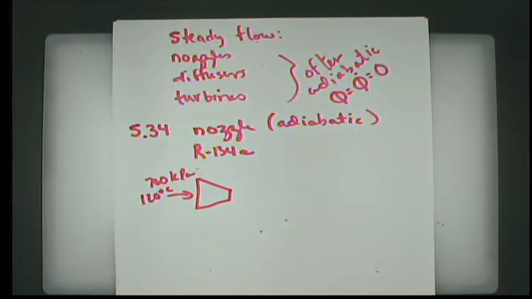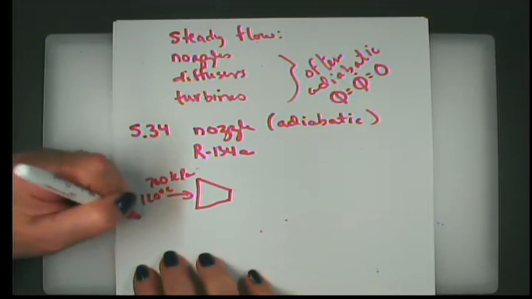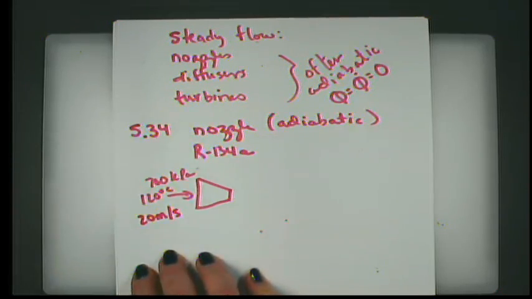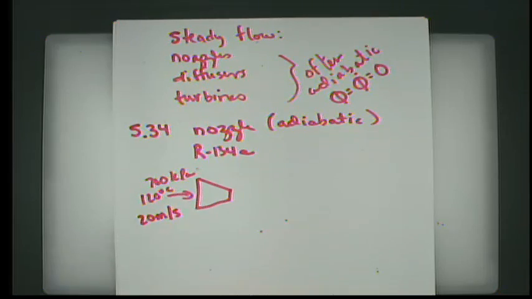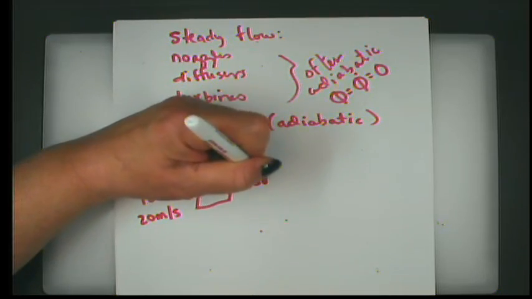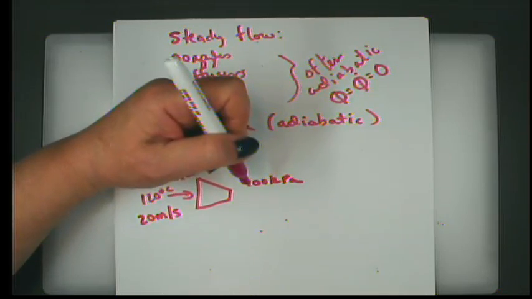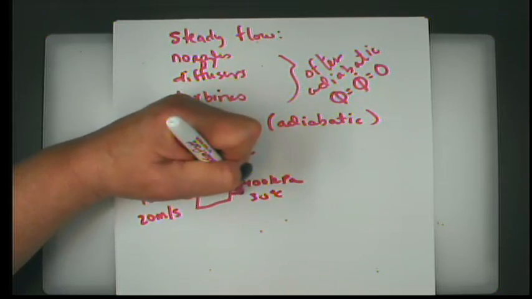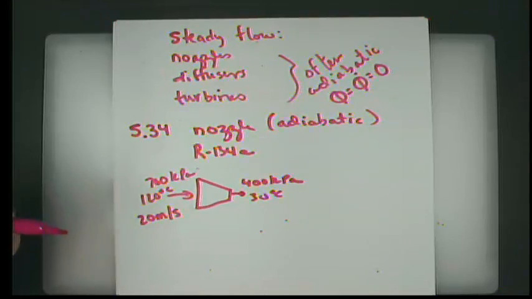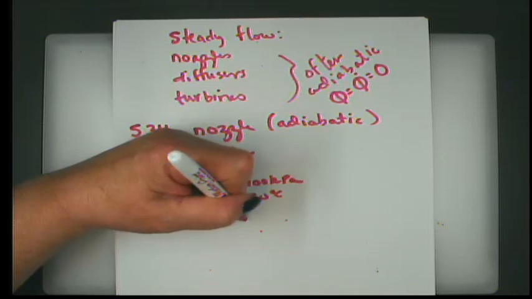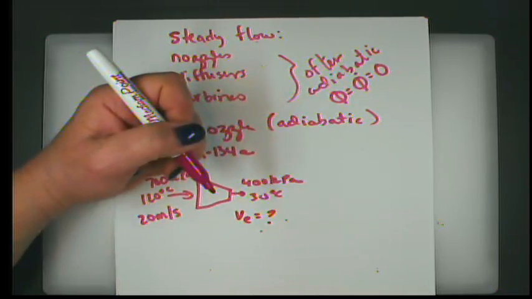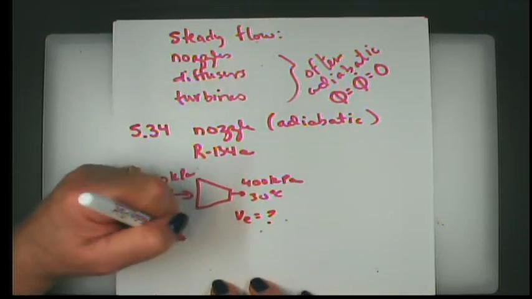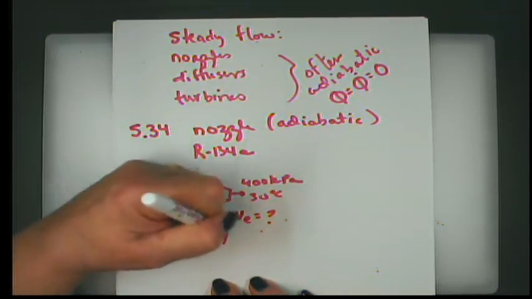It enters an adiabatic nozzle steadily with a velocity of 20 meters per second, and leaves at 400 kPa and a temperature of 30 degrees centigrade. And it asks us the exit velocity, and it asks the ratio of inlet area A in to A out.